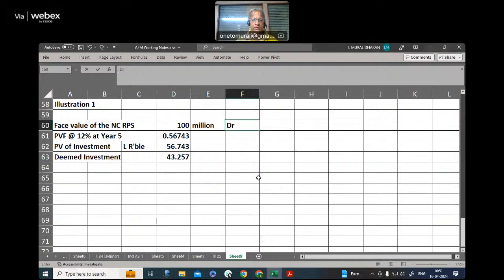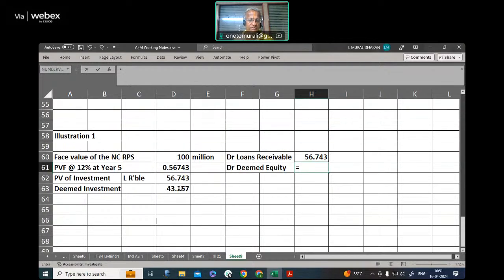Debit investment, debit loans receivable, and debit deemed investment or deemed equity for this balance. The credit can be given to cash.